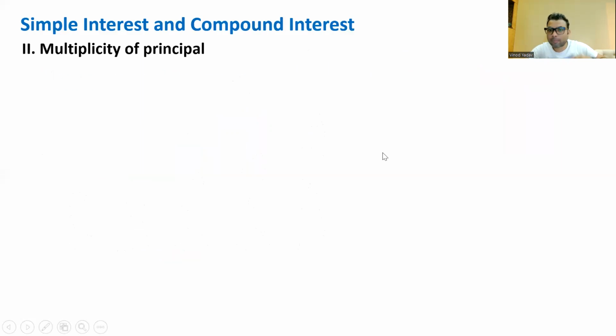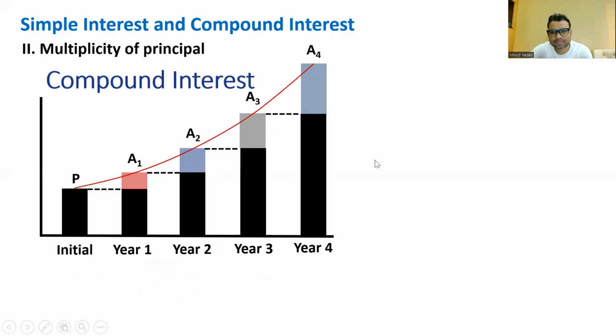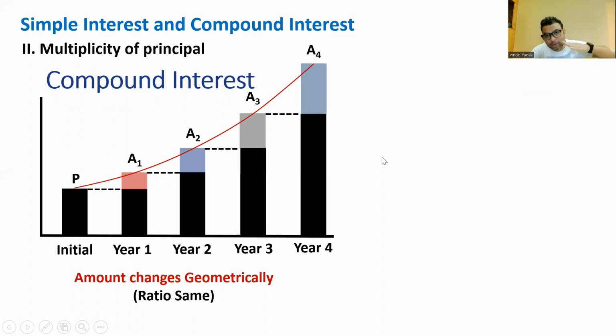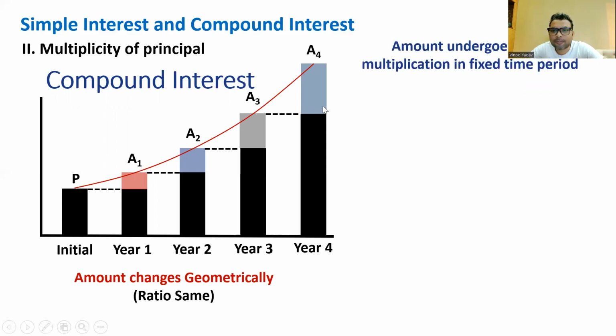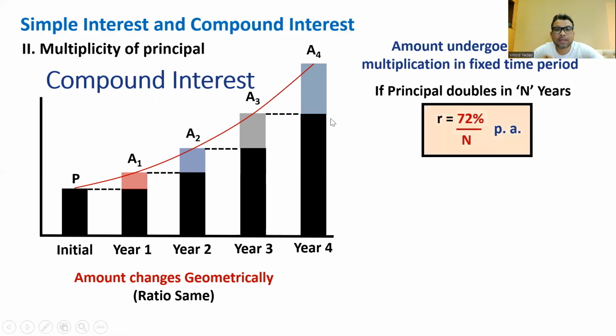Now, in case of compound interest, amount changes geometrically. That funda was in geometric progression. Remember, into 1 plus r by 100, and in the numbers of that table, into 1 plus 1 by 10, so into 11 by 10 again and again. Amount undergoes fixed multiplication in fixed time period. Specifically for doubling, rate of interest is approximately 72 by N. This you should remember, but this is specifically for doubling.